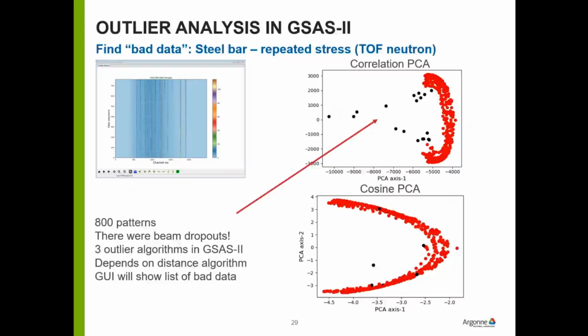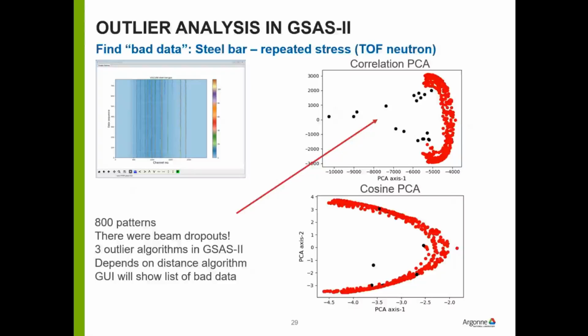And so the beam goes off, and you can barely see them in here, but there's these little faint lines, which don't seem to have anything in them. That's where the beam dropped out. So those ought to show up as bad data. And so there's a grouping in the cluster analysis where you can actually try to spot these. Here's one way of doing it, and here's a rather poorer way of doing it.